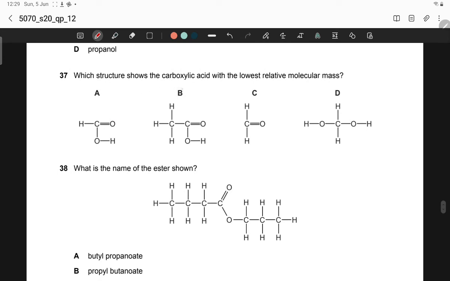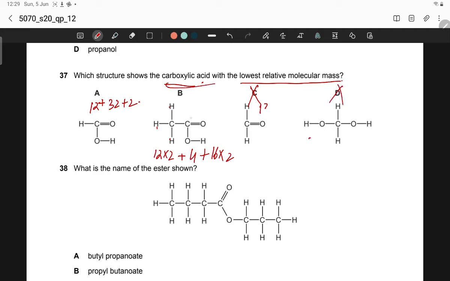Question number 37. Which structure shows the carboxylic acid with the lowest relative molecular mass? Lowest relative molecular mass: 12 plus 32 plus 2, 12 into 2 plus 4, plus 16 into 2. This is not a carboxylic acid. This is incorrect. This is a diol. This is also incorrect.